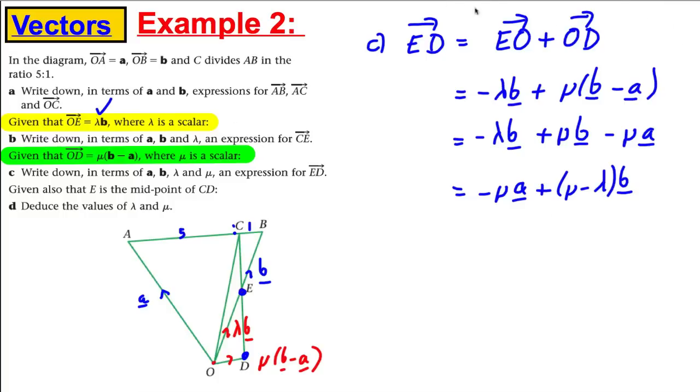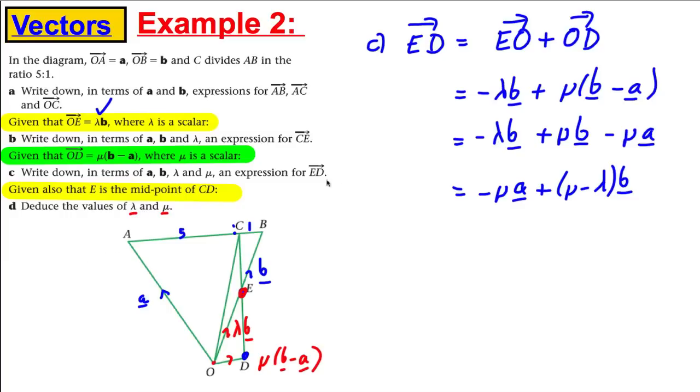Okay, and then lastly we're told, given also that E is the midpoint of CD, so it's halfway through, deduce the values of lambda and mu. Well, what have we worked out previously?